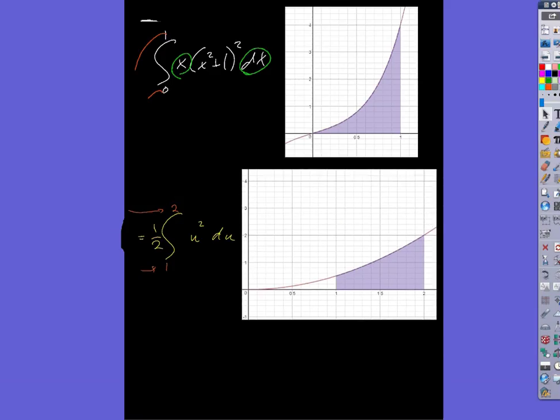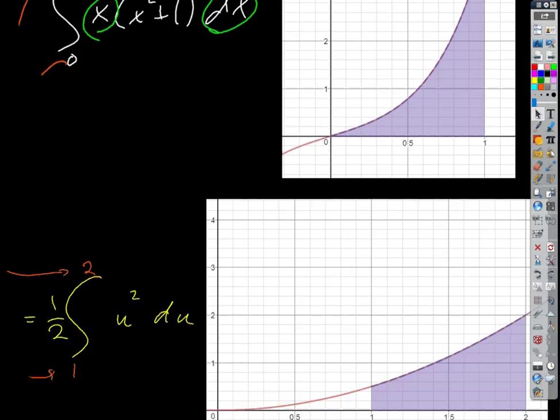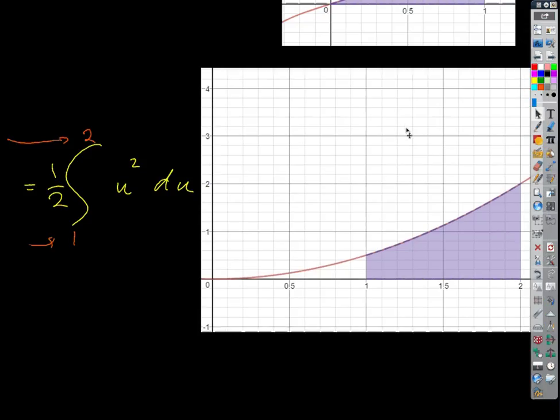There's what it looks like. Totally different looking shapes, but the math gods in their wisdom give us the same areas.